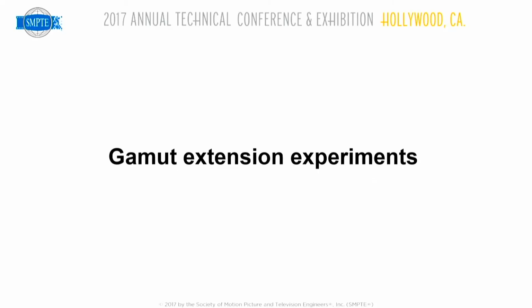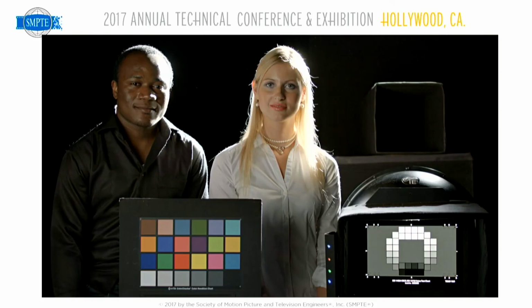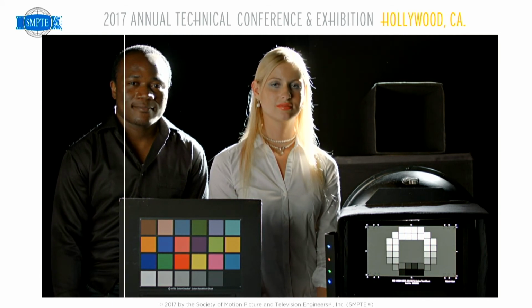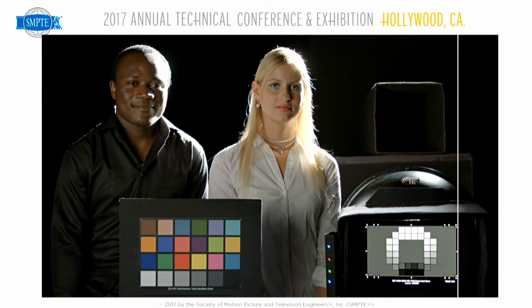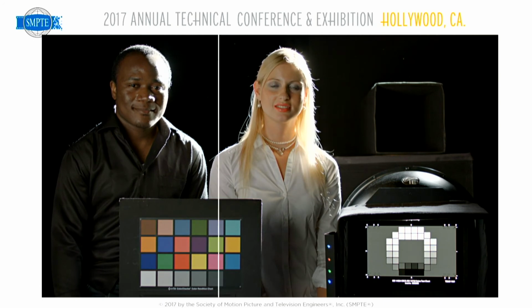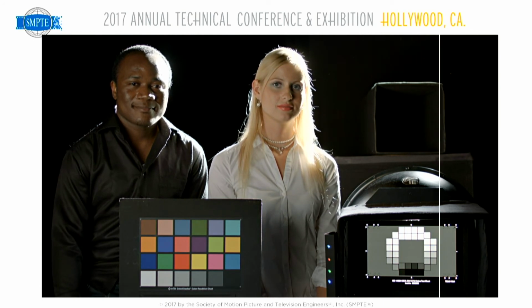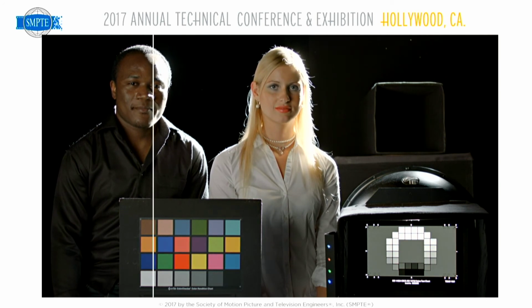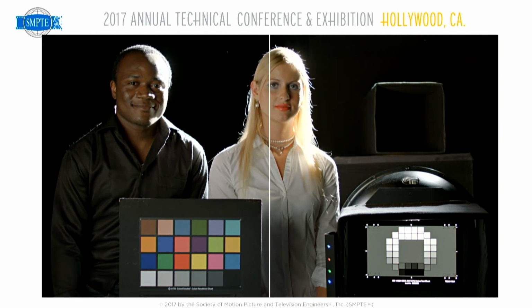For gamut extension, we have here another video from the HDR video dataset of Stuttgart University. Here, the original video is, I believe, in P3. So to create this example, we took that video and we produced a reduced gamut version.